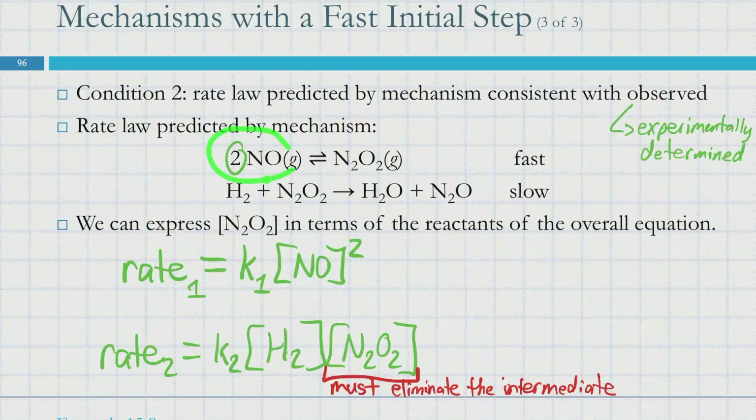So we've got a forward step, that's our K1 NO squared. But there's also another step. And since we're at equilibrium, those steps are moving at the same rate. That other step is N2O2 going back to reform our 2NO. So we'll call this K minus 1 because it's step 1 but in the opposite direction, times N2O2.